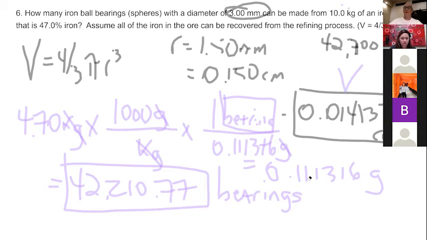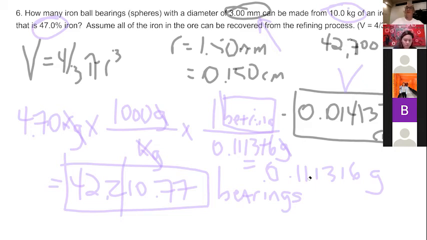There's 3 in the mass, 3 in the percentage of that mass that's iron, and 3 in the diameter. So our final answer should have 3. So what's our final answer? 42,200. That's right.